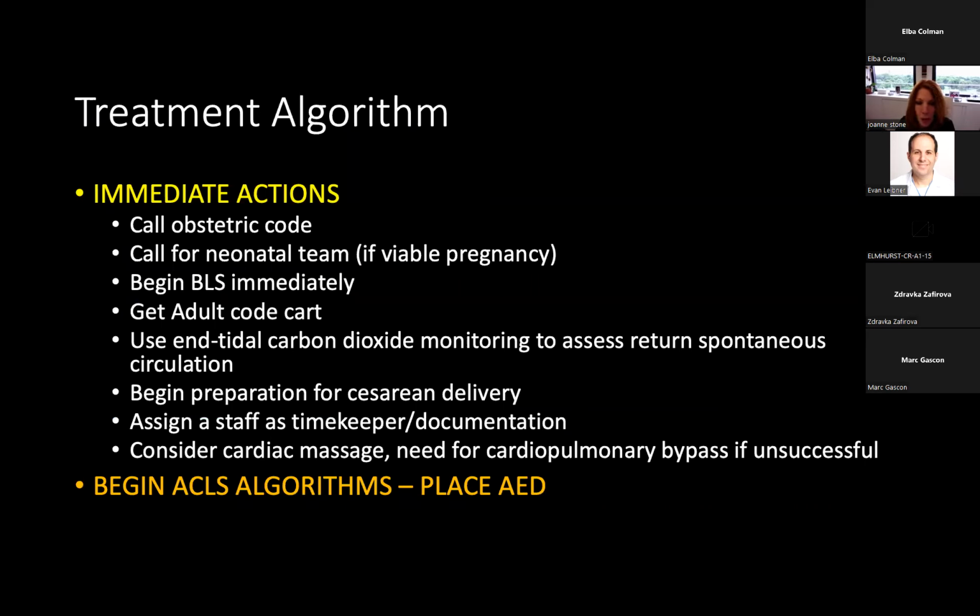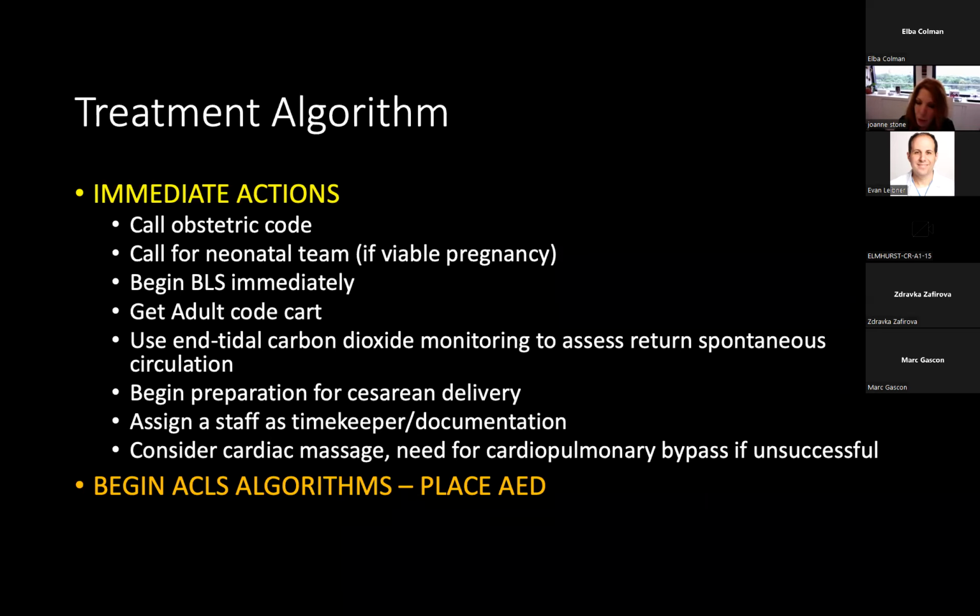So in terms of immediate actions, be clear, we need to, and I'm actually not quite sure of this, and we probably should talk about it, is the need to call an OB code, because an OB code needs to go out to many different people, including our neonatal team, of course, depending on the gestational age of the fetus.